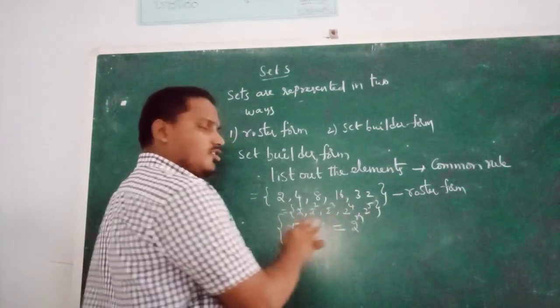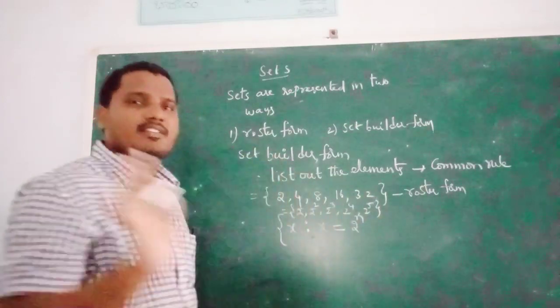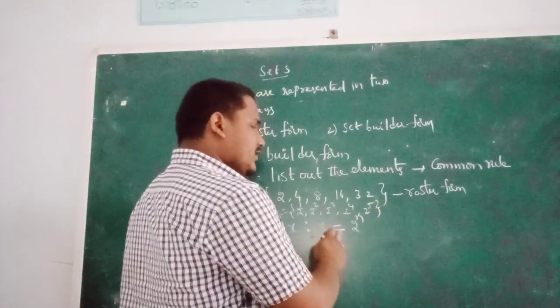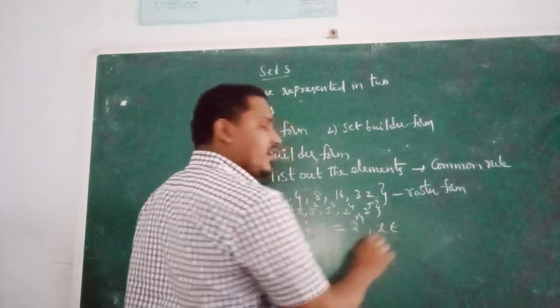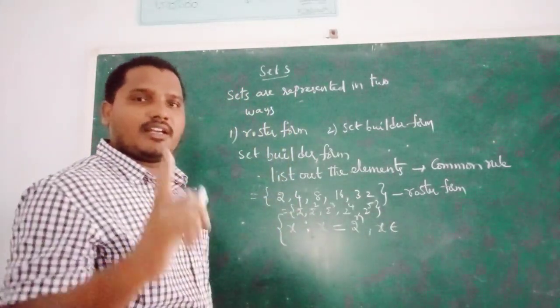Here we have 2 power 1, 2 square, 2 cube, 2 power 4, 2 power 5, etc. The base does not change, only the exponents change.